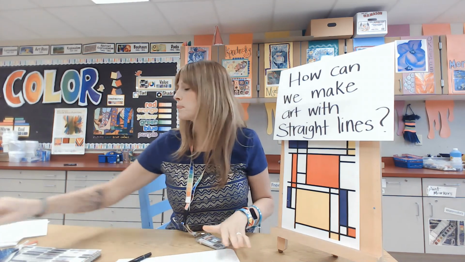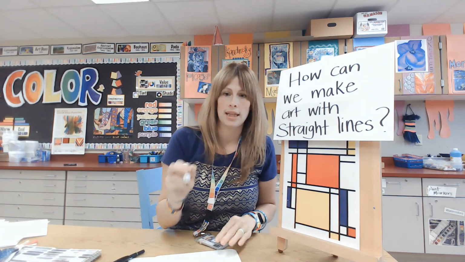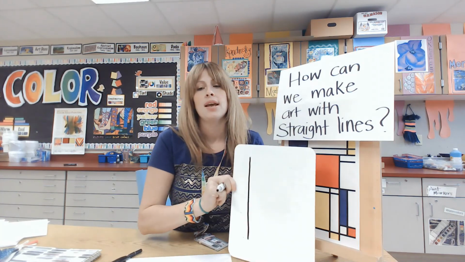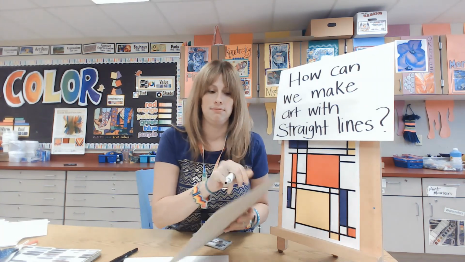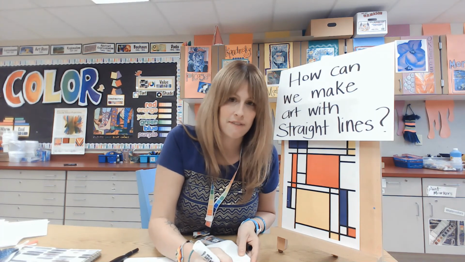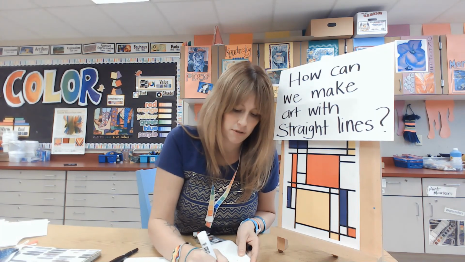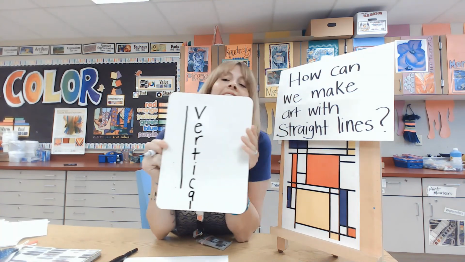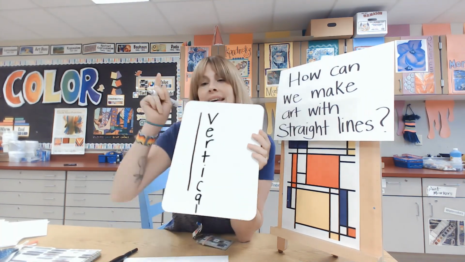Okay, so our first one, let's do the up and down one. The first one, up and down, is called vertical. I'm going to write it up and down. V starts with vertical. Vertical, up and down, okay?